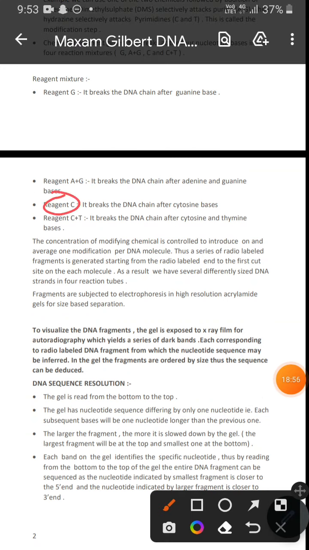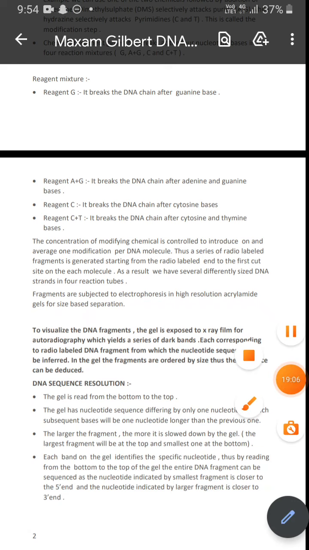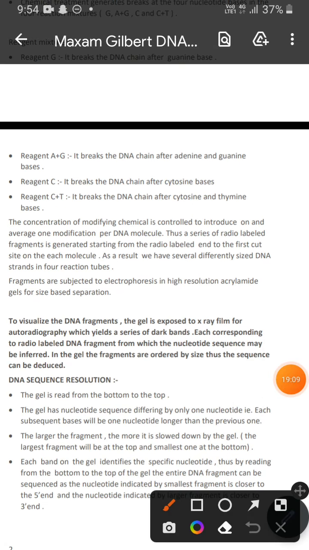In reagent C, it will break the DNA chain after the cytosine bases, and in reagent C plus T, it will break the DNA chain after the cytosine and thymine. As I have discussed with you, the concentration of the modifying chemical is controlled to introduce on average 1 modification per DNA molecule.